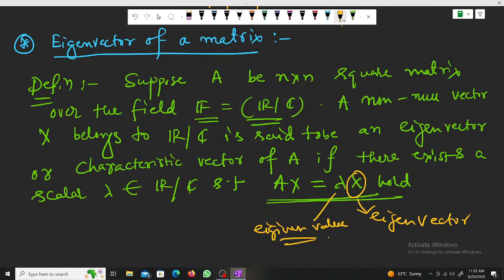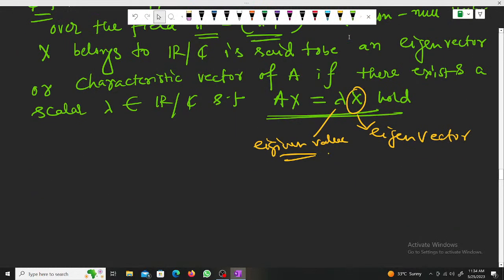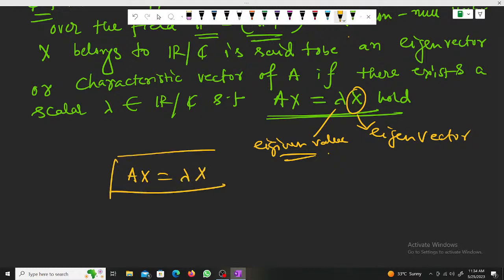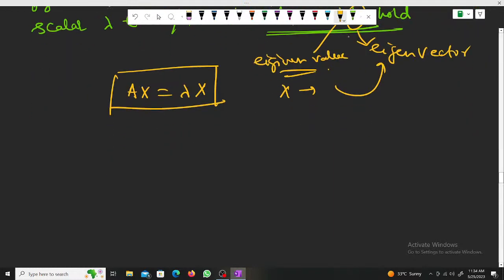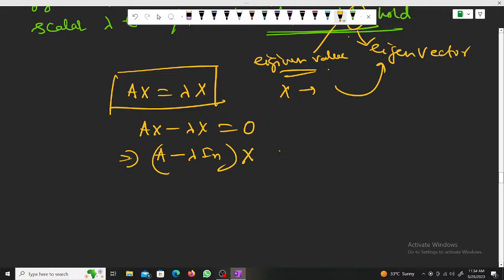Clear? Right. তাহলে আমরা কি বললাম আলটিমেট দ্যাট ইজ আমরা যেটা আমি পেলাম যে AX সমান lambda into X এই ফর্মে আমরা যদি লিখি সেখানে আমরা X টাকে বলছি আইগেন ভেক্টর রাইট। That means AX minus lambda X equals to null matrix. This implies A minus lambda I into X equals to 0.